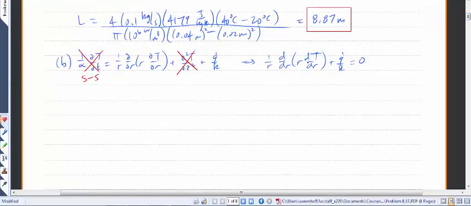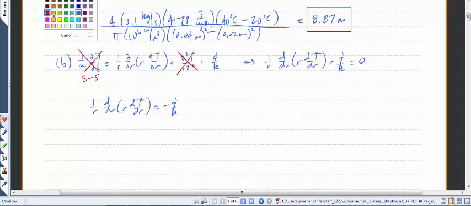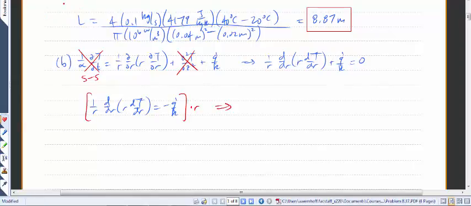So to solve this, what we'll do is we'll first move the q dot over k over to the other side. So 1 over r, d over dr, r dT dr is equal to minus q dot over k. Then we'll multiply both sides by r, and this gives us d over dr, r dT dr is equal to minus q dot r over k.